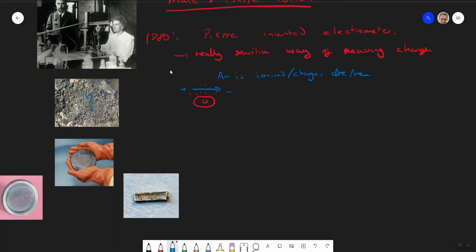But as they worked out, the uranium that was in the uranium salt, so if you had your pitchblende and you purify it and you pull out all the uranium, well, this doesn't account for the amount of charge that you're detecting in the air.